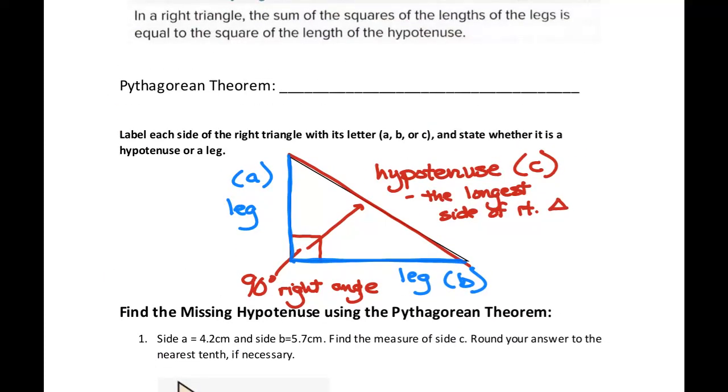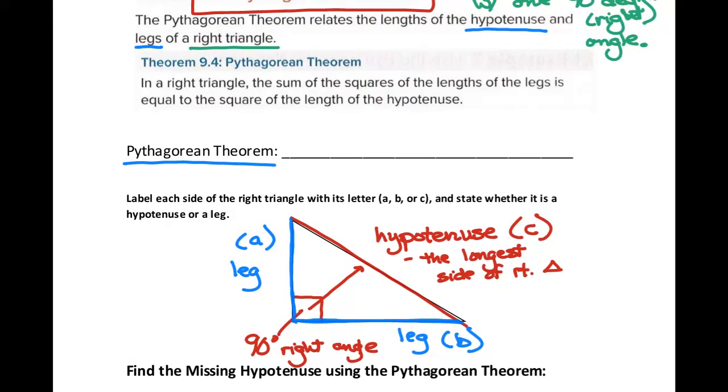So how these relate is this following formula, Pythagorean Theorem. And I'm going to read it. It is going to sound over the top. It's going to sound crazy, but it says, in a right triangle, the sum of the squares of the lengths of the legs is equal to the square of the length of the hypotenuse.